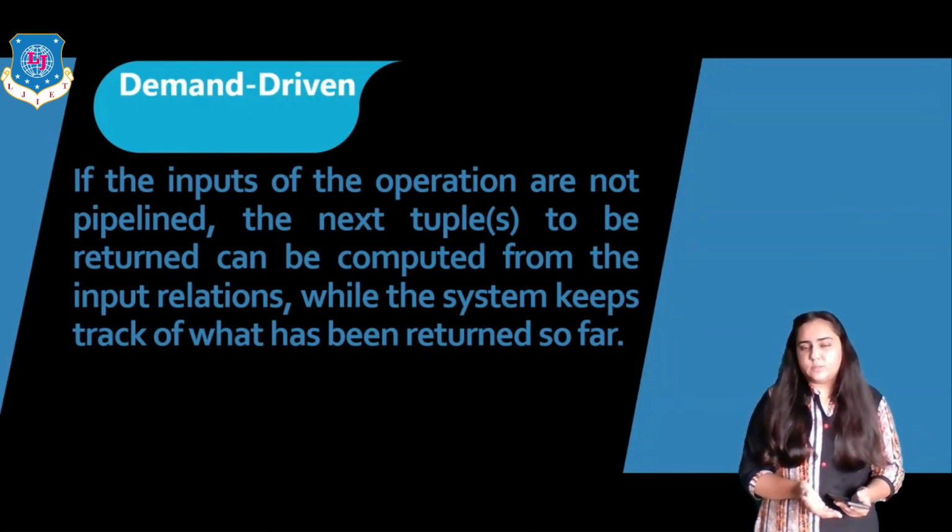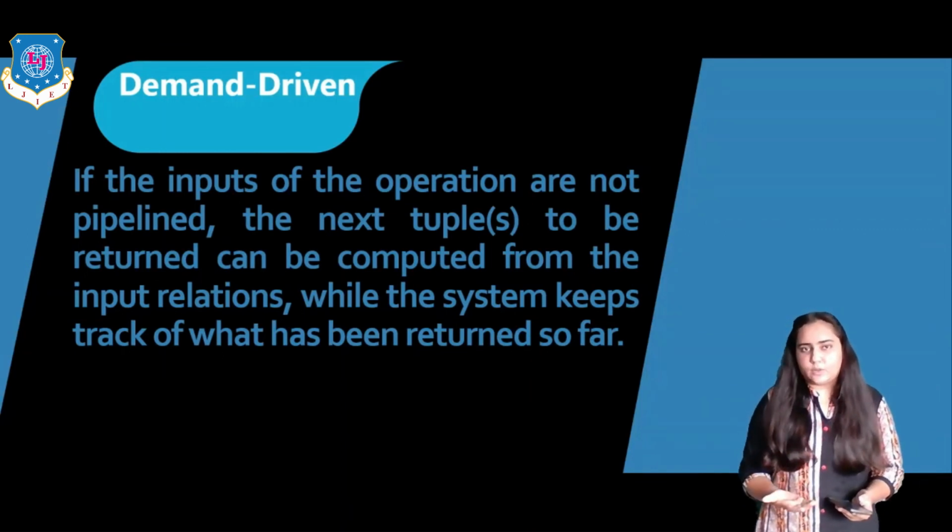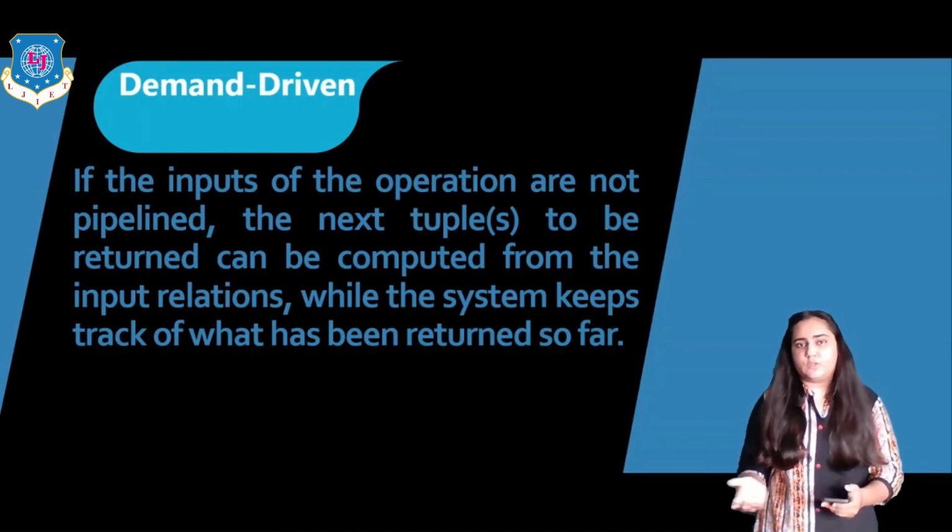So it's possible sometimes that the inputs of that operation are not supposed to be displayed anywhere. Then you can just start computing the rest of the inputs and wait for the system to finish that and then return that input.